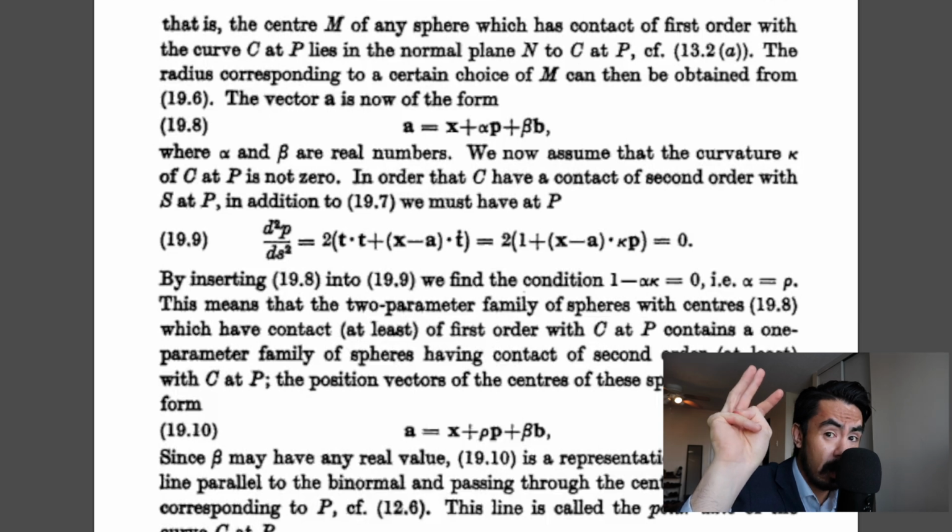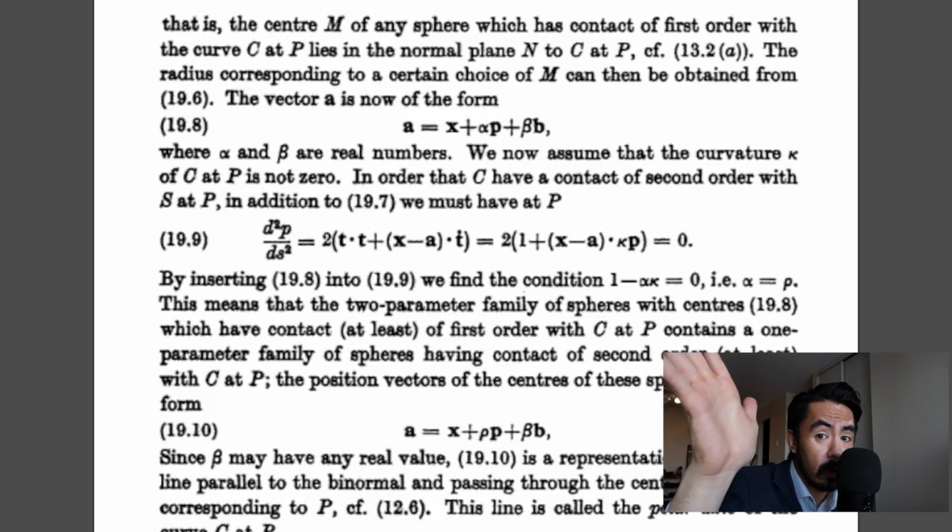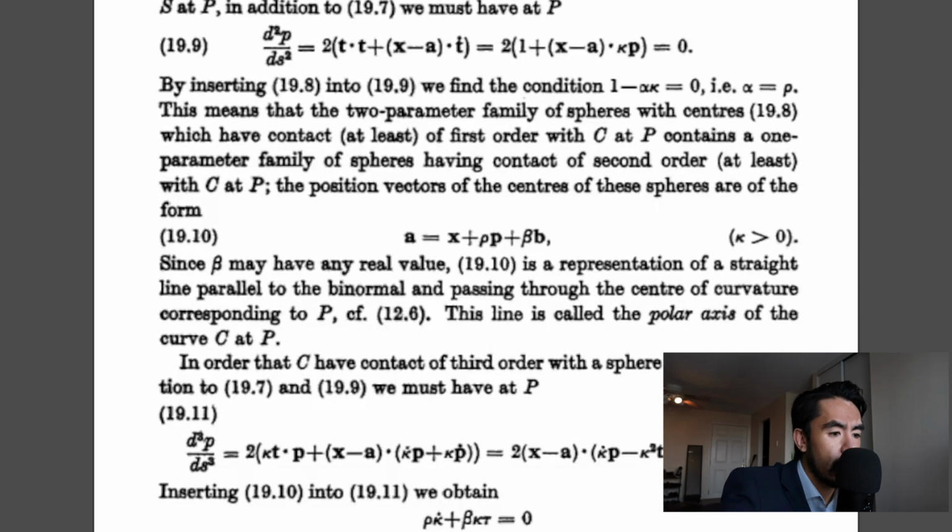These three are all tangent to the curve at a particular point, and they form what's called the moving trihedron. T, P, and B are all orthogonal to each other, and it's a convenient way of assigning a coordinate system frame of reference when you're moving along points of these curves or surfaces. So that's all that T, P, and B are.